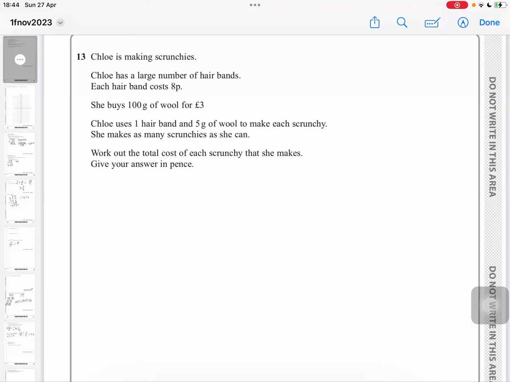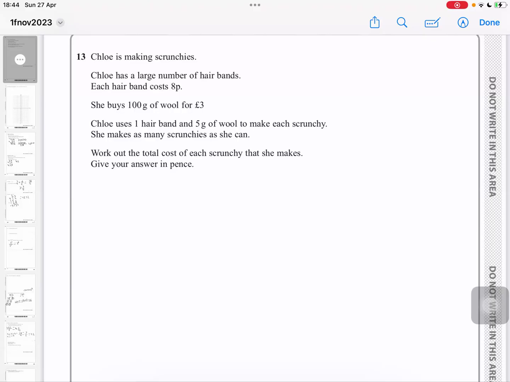Okay, that's 300 pence. Chloe uses one hairband and 5 grams of wool to make each scrunchie. She makes as many scrunchies as she can. Question is, work out the total cost of each scrunchie that she makes. Give your answer in pence.